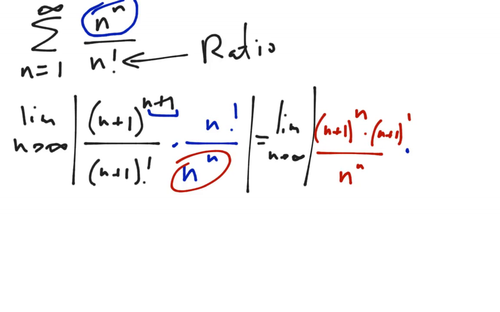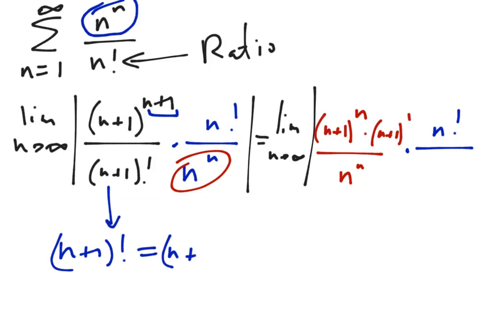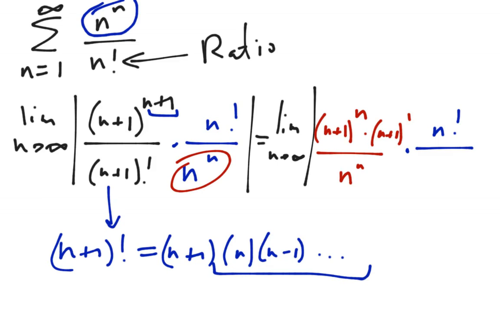And then on the other side, I'm going to have n factorial divided by (n plus 1) factorial. You might remember that we rewrite this as (n plus 1) times n times (n minus 1) and so on, but really n times (n minus 1) and so on is n factorial. And so I can rewrite (n plus 1) factorial as (n plus 1) times n factorial. You can see that this is very useful because these will cancel right away.